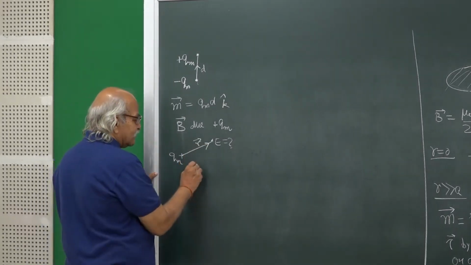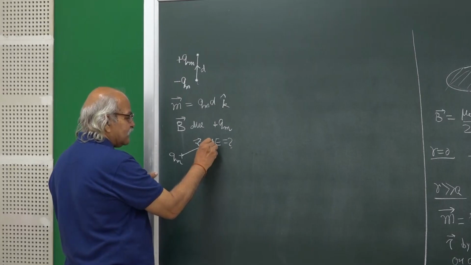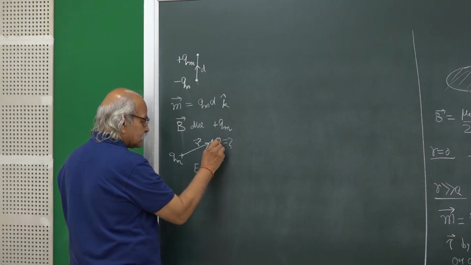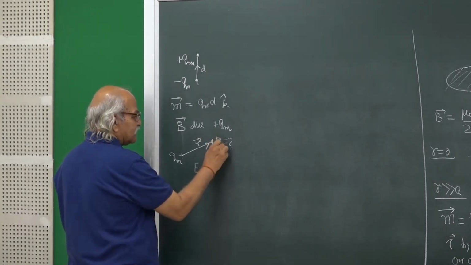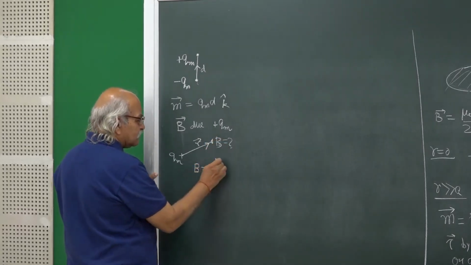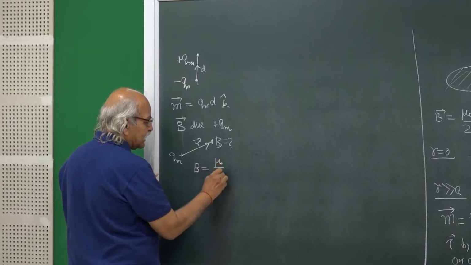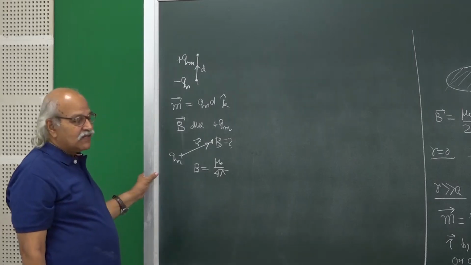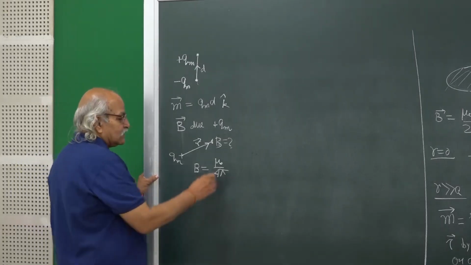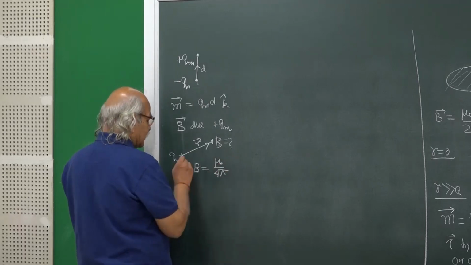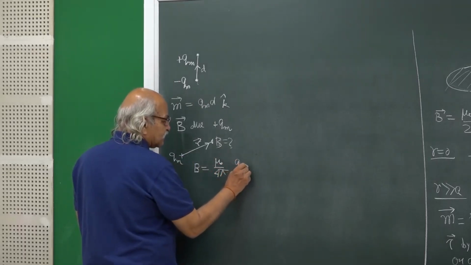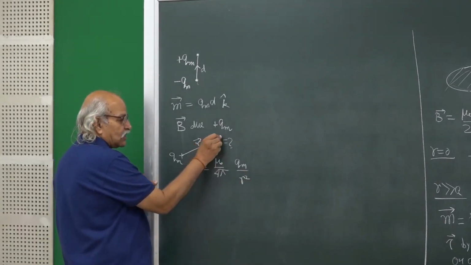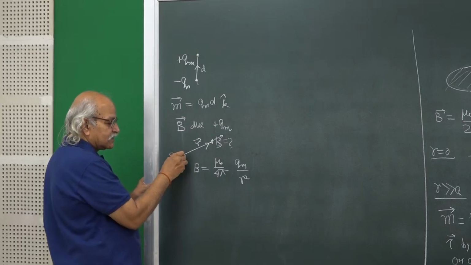Then we will say that the magnetic field here will be, so the magnetic field will be mu naught by 4 pi. In place of 1 by 4 pi epsilon naught, we will write mu naught by 4 pi. So, qm divided by r square is the magnitude, and the direction is radially away from this plus qm.